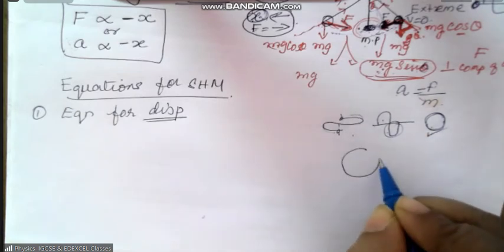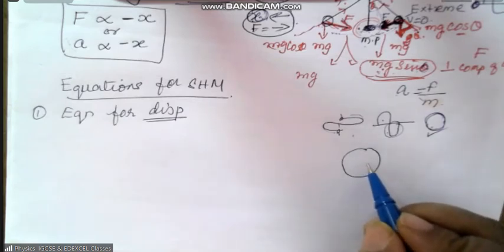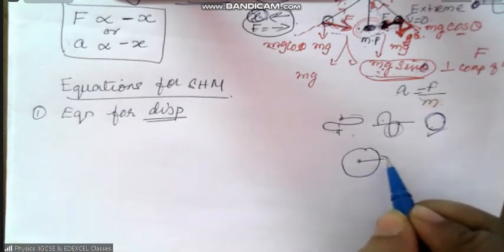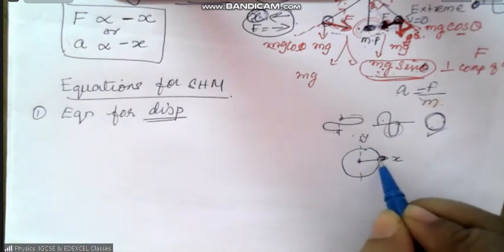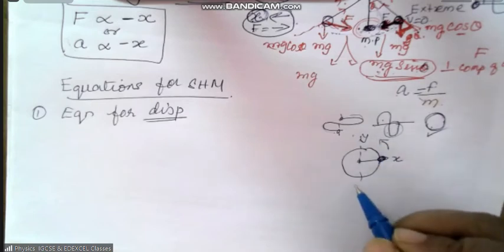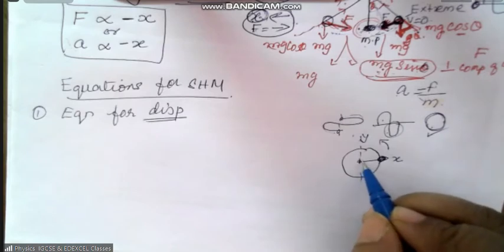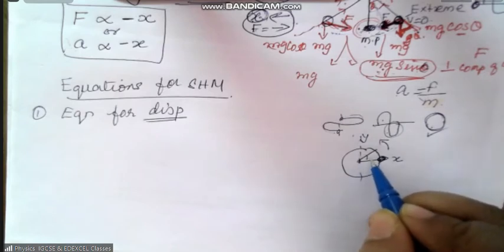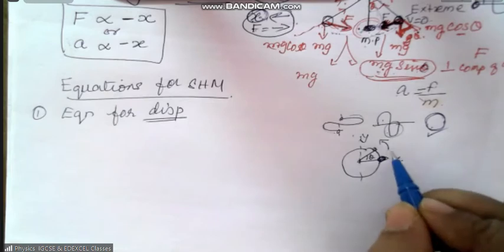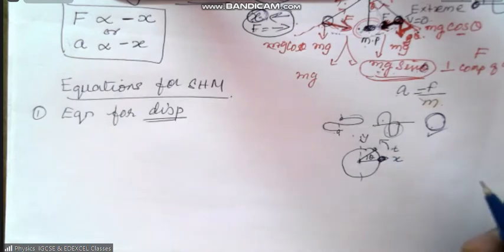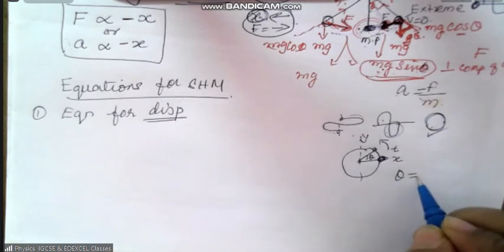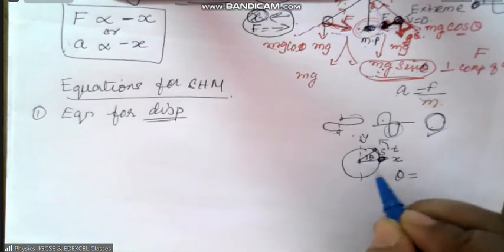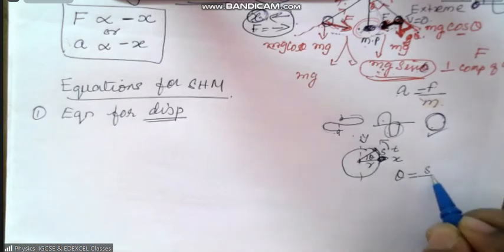What concepts are we going to take? Number one, if you look here, let this be a particle. This is the x direction. This is the y direction. Consider a particle over here. This particle is moving in this direction, and in a certain time t, assume that it has made an angle theta. How do you define theta? If the arc length is s and this is r, theta is equal to s by r.